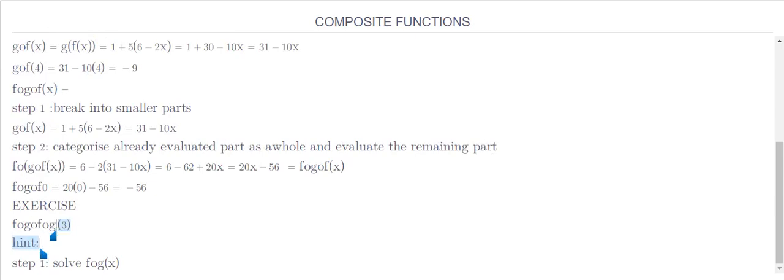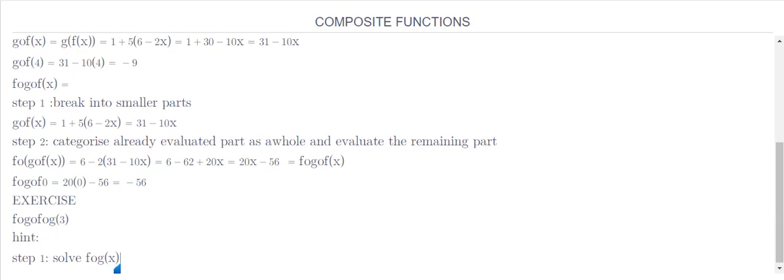Starting from here, starting from there up to here. My laptop is misbehaving. Now starting from where this f of 3 is starting up to this point where we have f. So starting from g of f, that is the innermost. Then now I'm saying you have solved that.